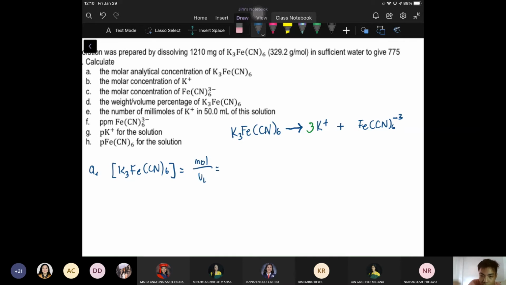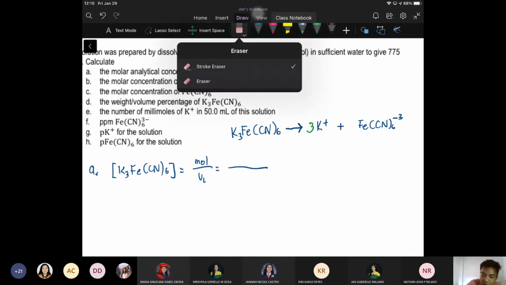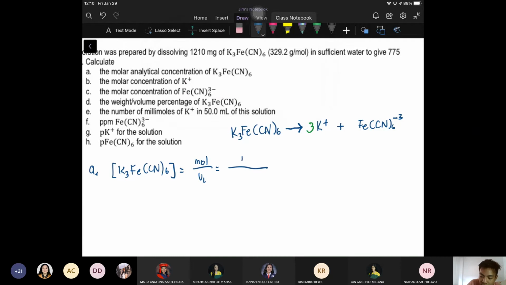So this is moles over volume in liters. And we can further expand this equation as the mass divided by the molar mass, times the volume in liters. And then, plug in na lang. 1210 milligram is 1.210 grams.